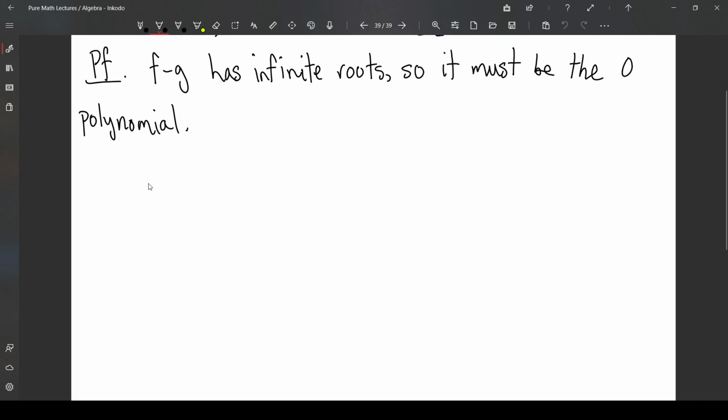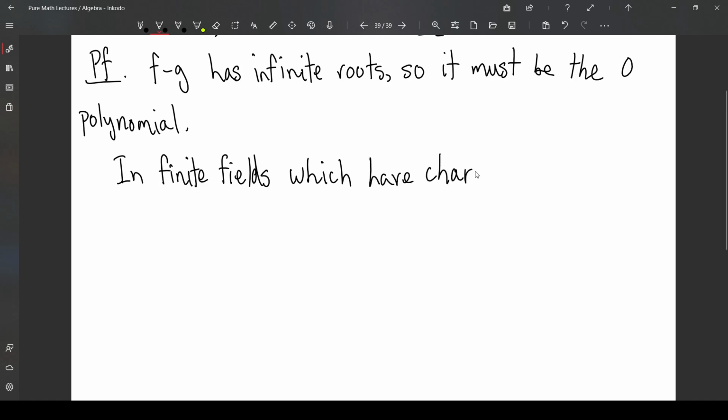So why is this a distinction to make? Well, in finite fields, which have characteristic p, okay, so I proved in the video about ring characteristic that a field either has characteristic 0 or it has characteristic p for a prime number p.